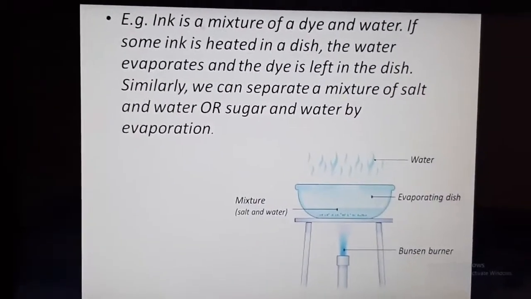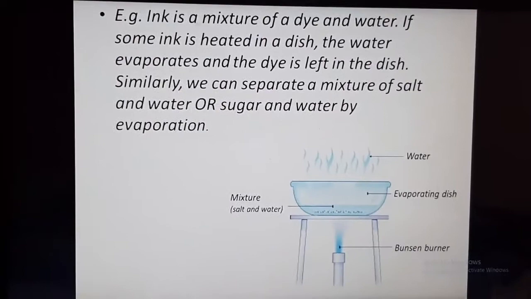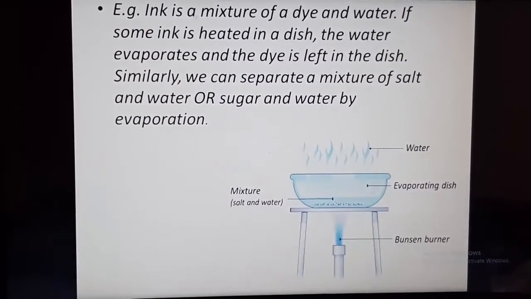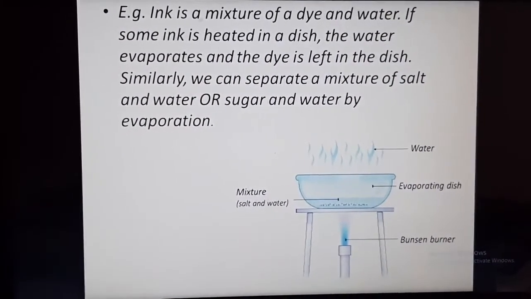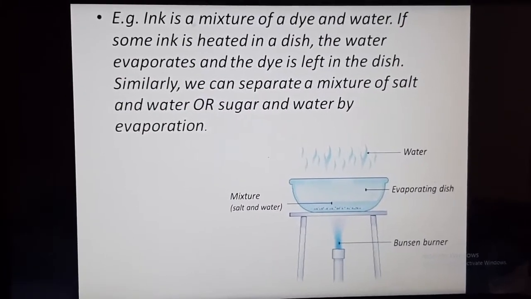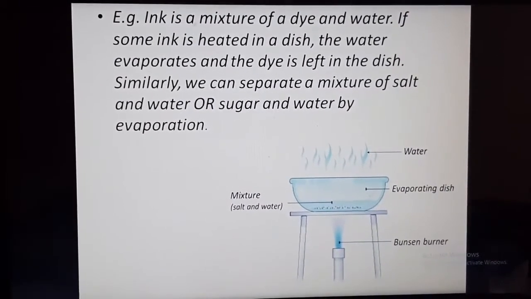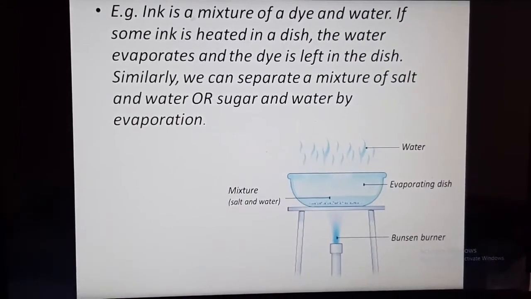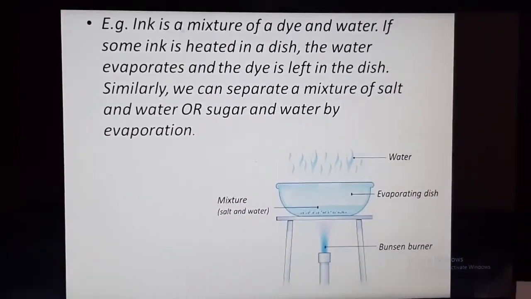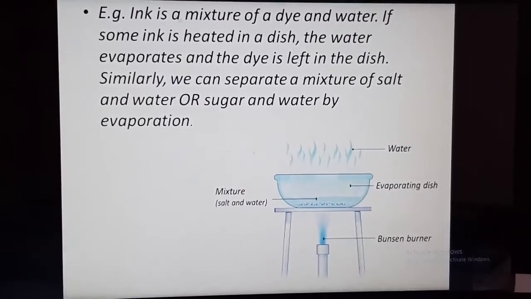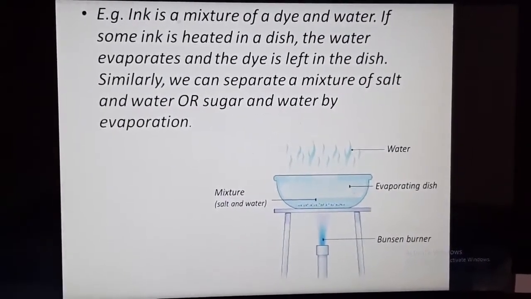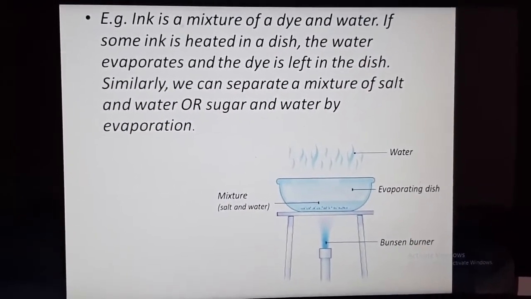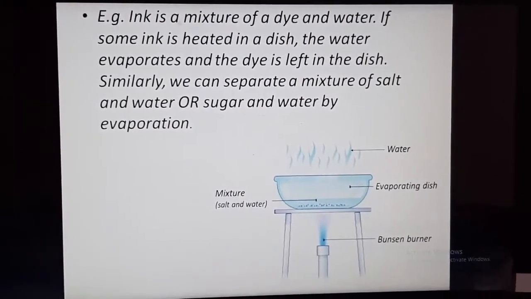So the process which we use in separating a mixture of salt and water, or sugar and water, or ink, that is actually a mixture of dye and water, is the evaporation process. When you carry out the evaporation process, the volatile component easily separates by undergoing evaporation.